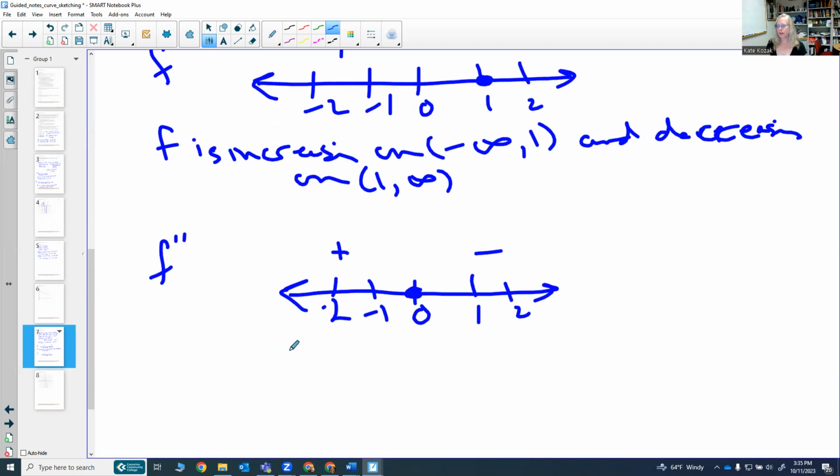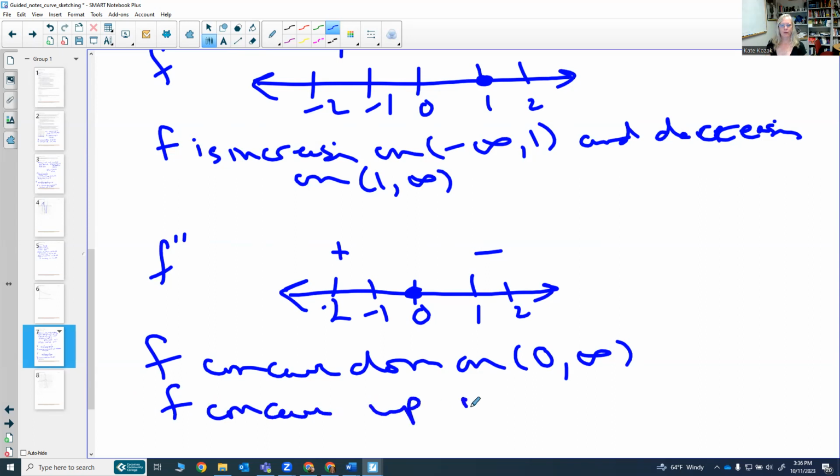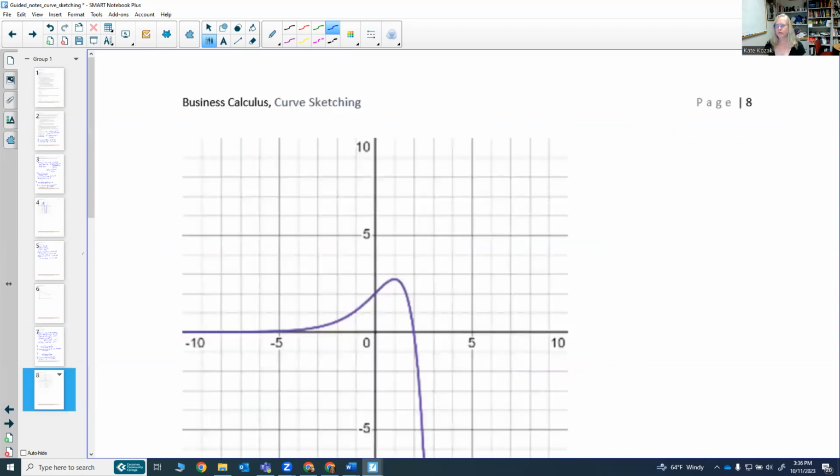So f is concave down on the interval from 0 to infinity. And f is concave up on the interval from negative infinity to 0. The graph confirms this.